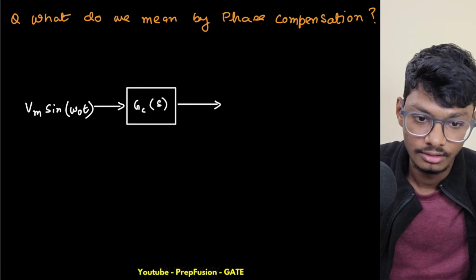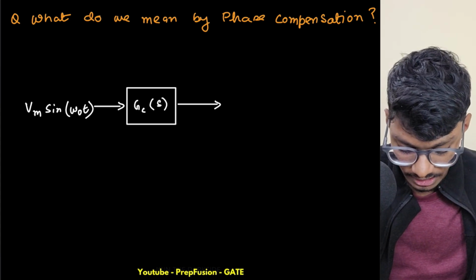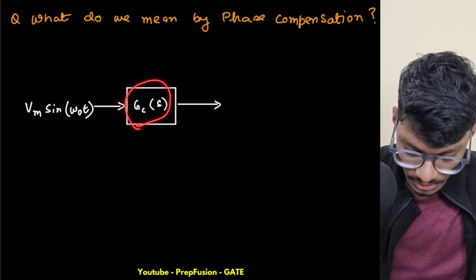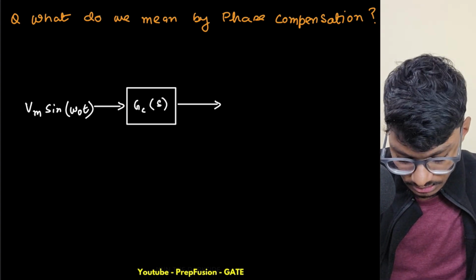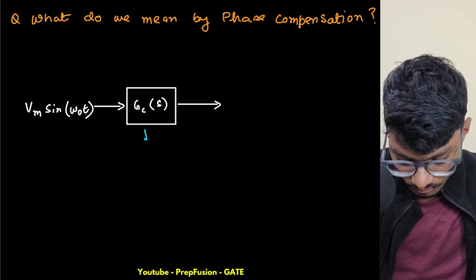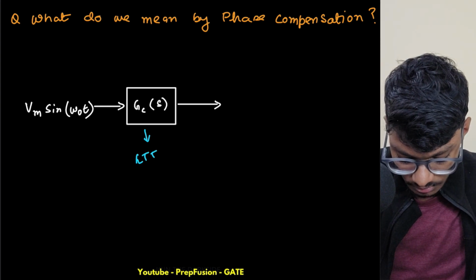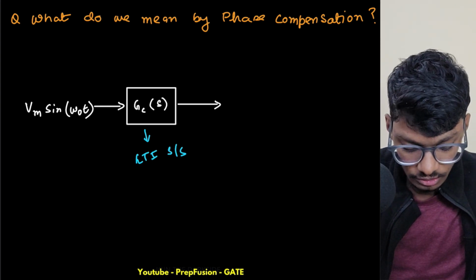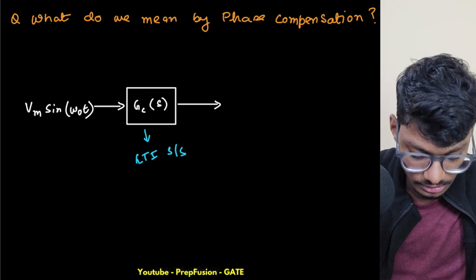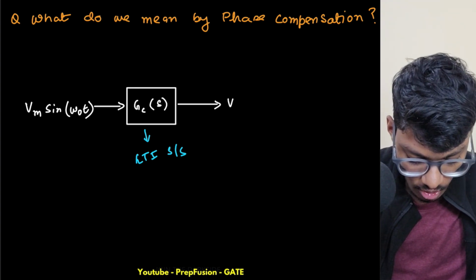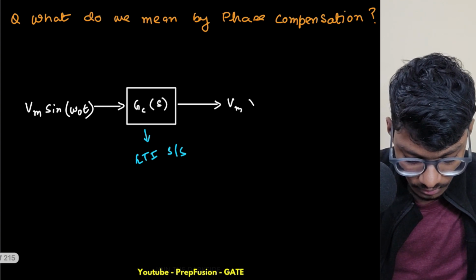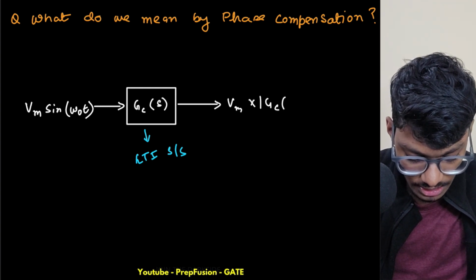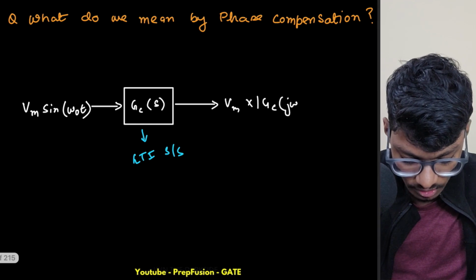What do you mean by phase compensation? Let's say I have a compensator here and I give it some sinusoid input. If this is an LTI system, then my output will be the magnitude Vm times the magnitude of GC at that particular frequency omega naught.